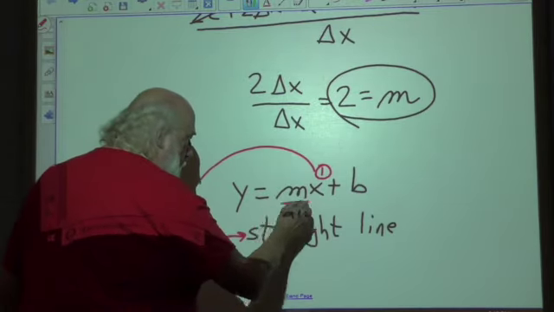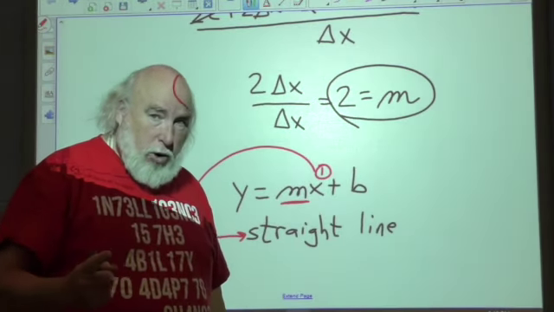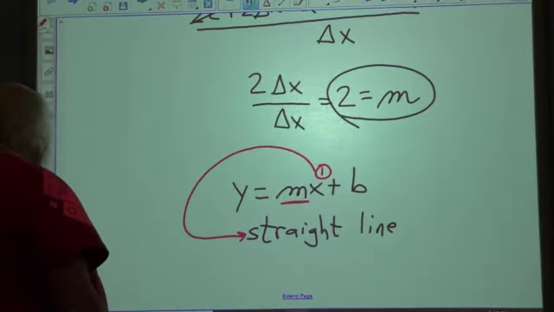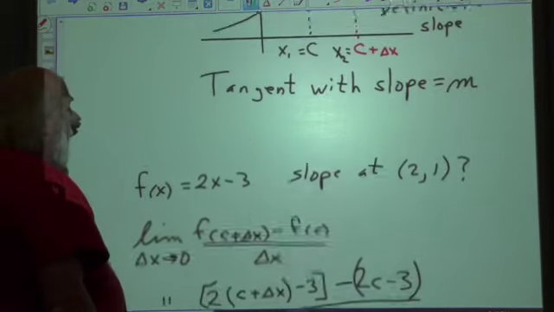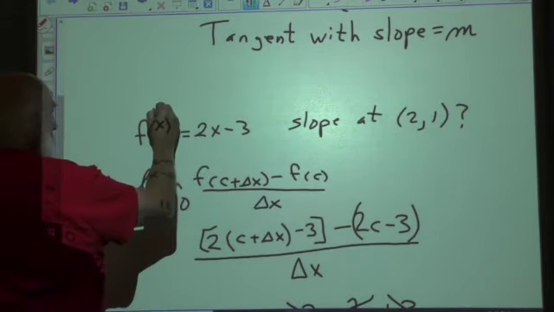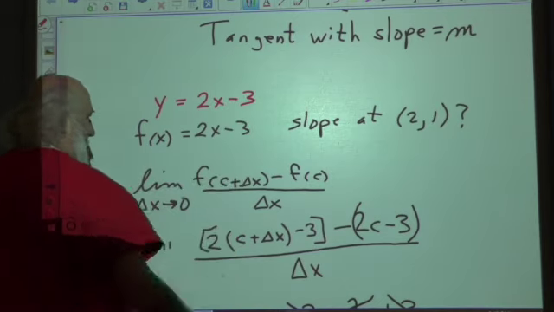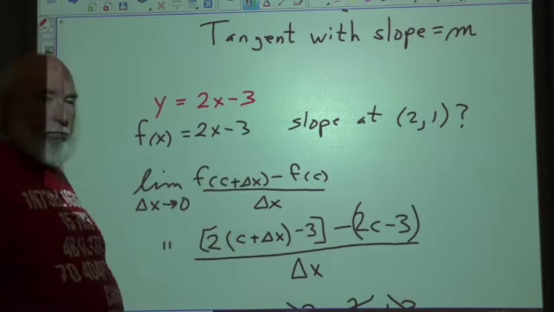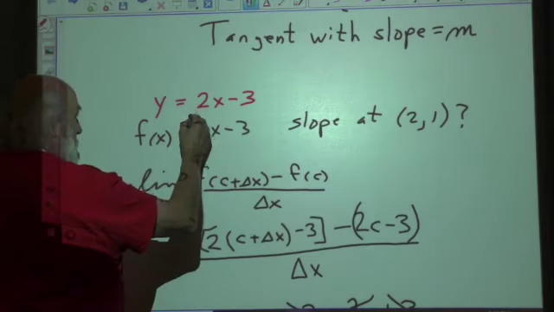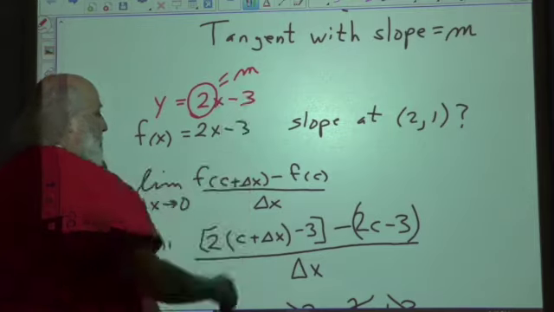And whatever number is multiplying your x will be your slope. Right? Remember that? So let's go back to the very beginning and look at the equation that we're dealing with. We know that this is y equals 2x minus 3. What's the number multiplying x? 2. That is our slope.